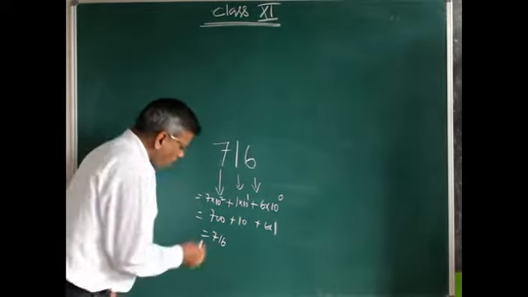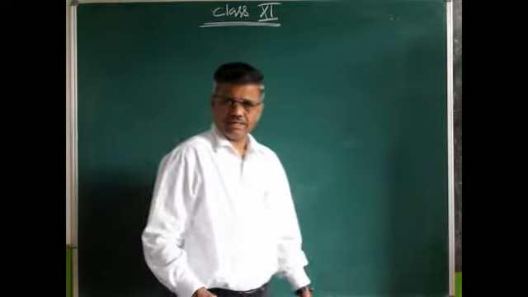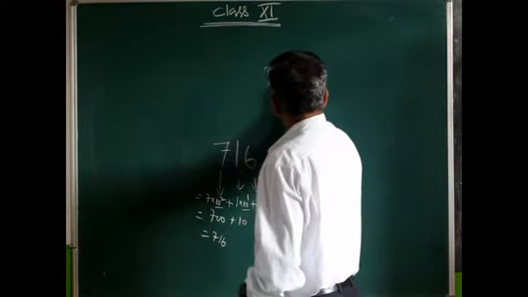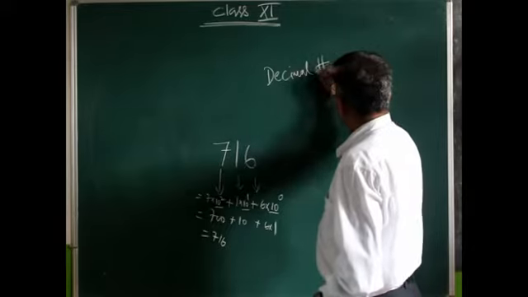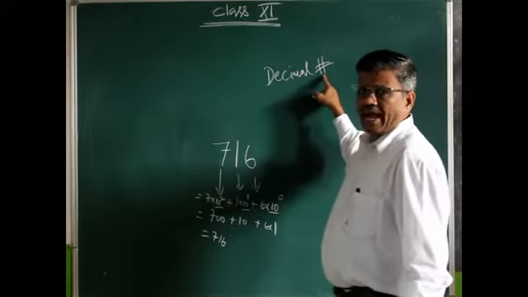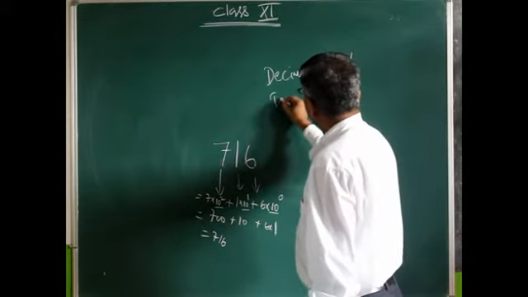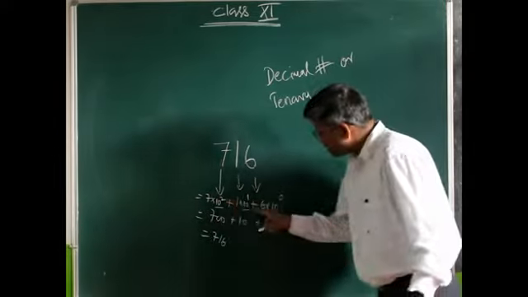Okay. Why is it called decimal? Everywhere I am using 10. Most of us call them decimal numbers, some call them denary, because the base is 10.